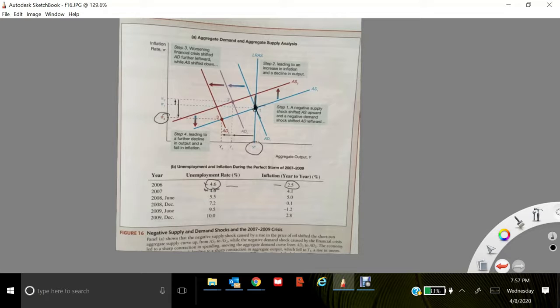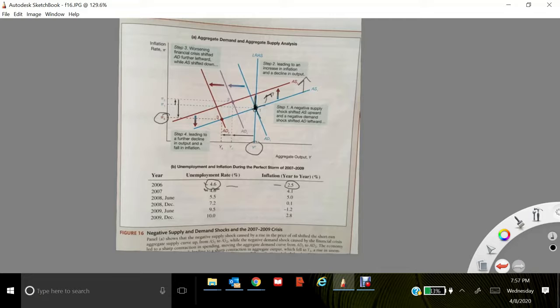And so what's happening in 2007, we had an oil price shock, okay? So that caused the supply curve to go up, short run aggregate supply to increase, okay?